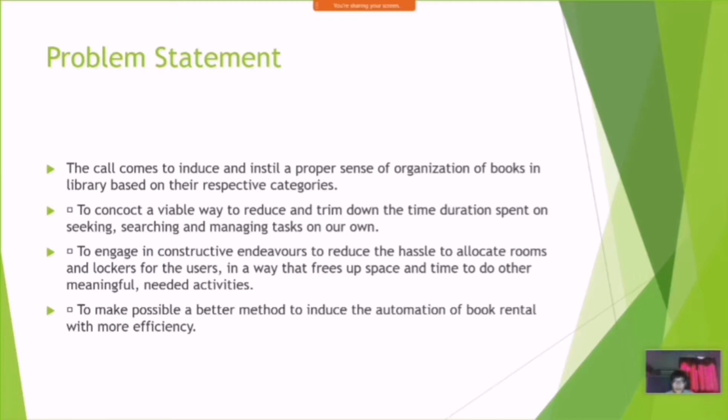The books must be categorized in each category, for example fiction and non-fiction, of course. The second problem statement is that we want to trim down the time spent on seeking, searching and managing tasks for the staff using our library database system, right?